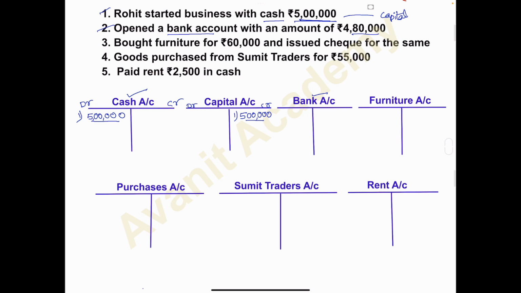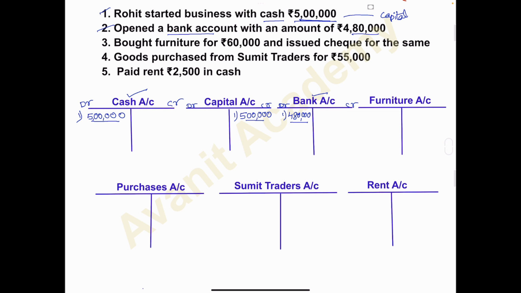Increase in asset is to be debited. For that, on the debit side we will write the amount 4,80,000. Got it, all of you? Cash at bank is an asset, and increase in assets is to be debited. So I have written 4,80,000 on the debit side of the bank account.